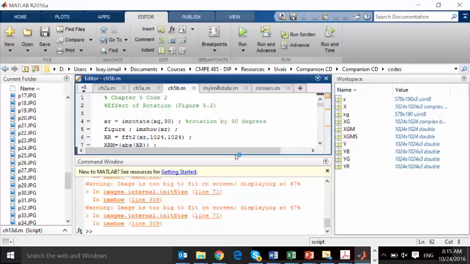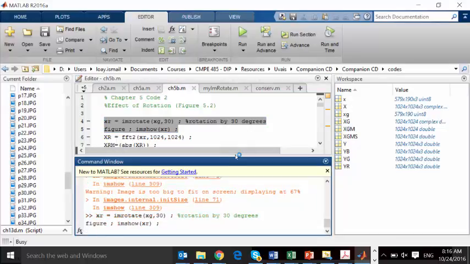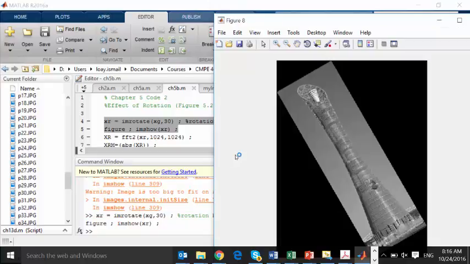Okay, so here we have an argument now. Some of you have said that it will be affected, others said that it will not be affected. Let's see what will happen. So this is the result of the rotation. What I will do here is get the fast Fourier transform for this image.